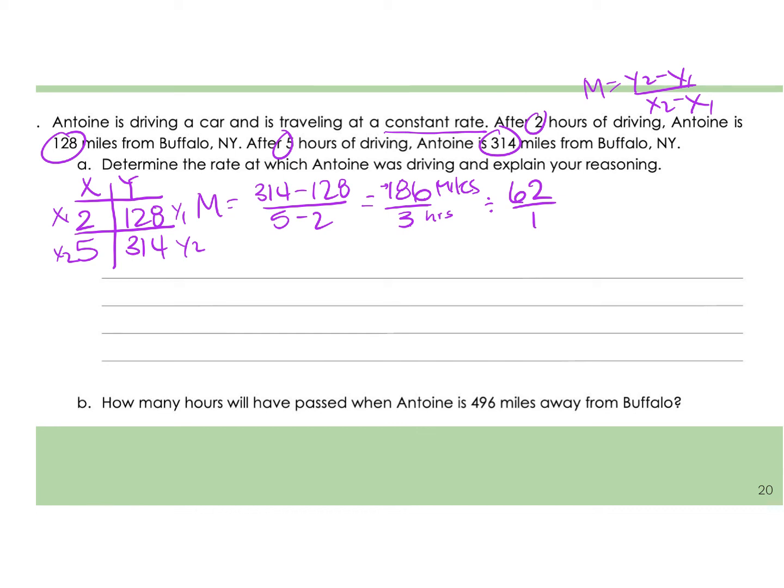And then it says explain. Okay. So, oh, Antoine. I said Antoinette. This is just Antoine. Sorry, guys. So Antoine's rate of change, I'm just going to put ROC from now on, is 62 miles per hour. And explain my reasoning.